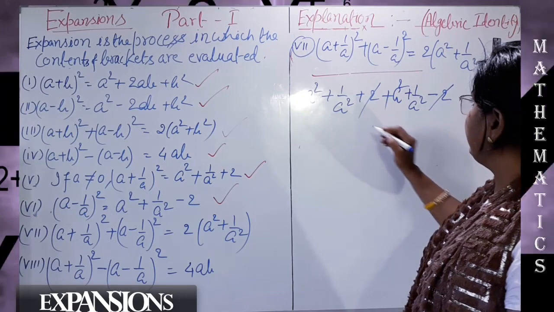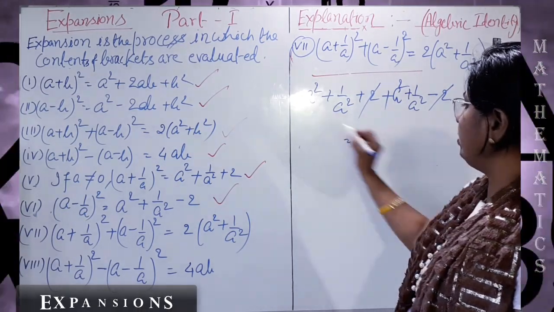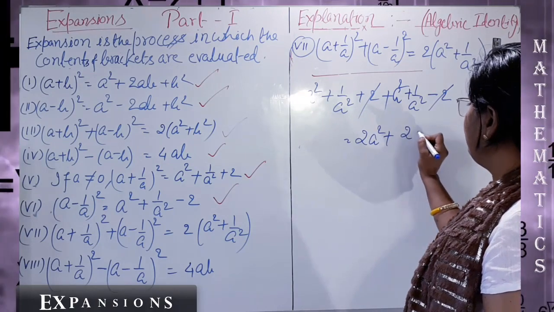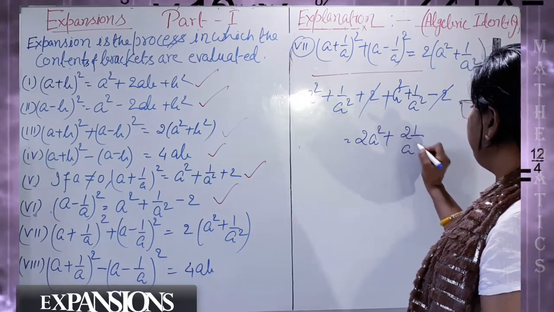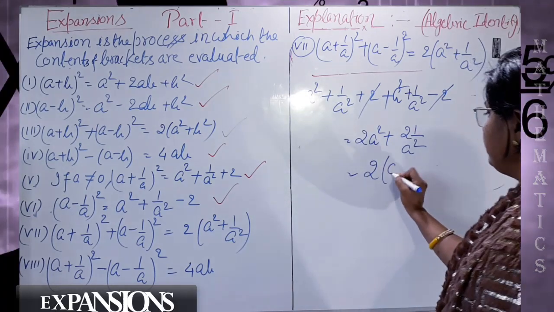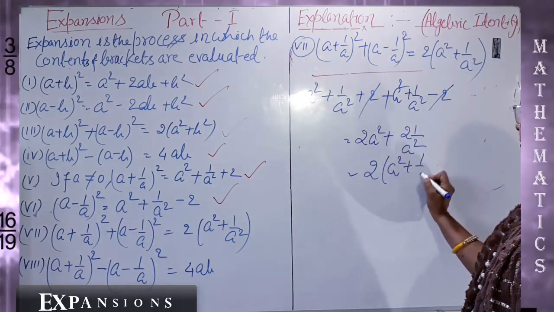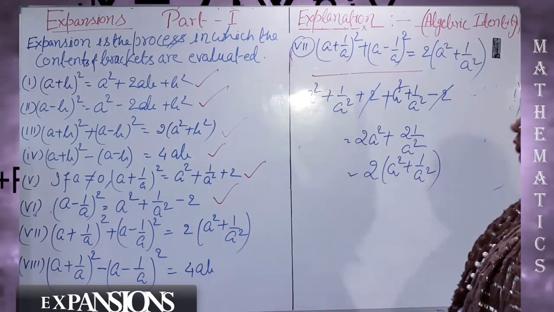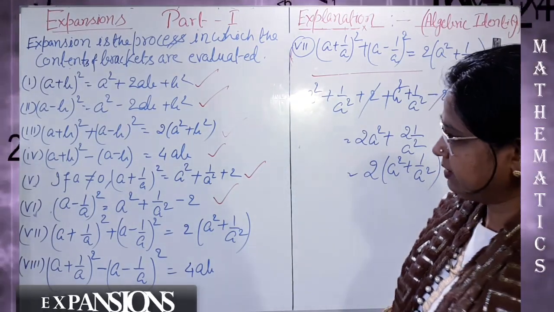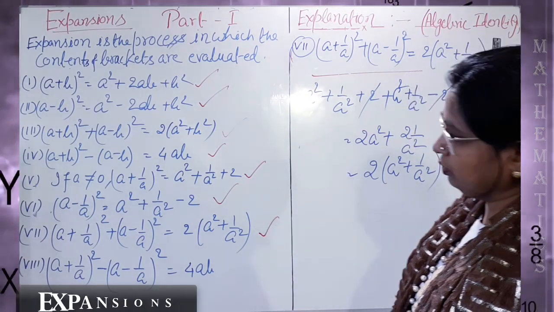Now 2 cancels, it is equal to 2a square plus 2 times 1 by a square. Now take 2 common: a square plus 1 by a square. Proved. Your seventh number identity proved.